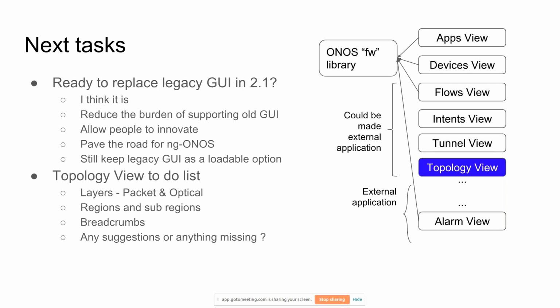So if we're going to make this the default, that means a lot of documentation needs to be updated for new screenshots, particularly if the menu items have changed in terms of location or wording. People are going to get confused. So that's another issue that needs to be considered.